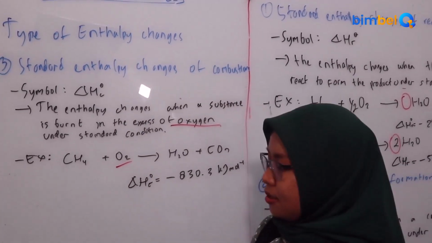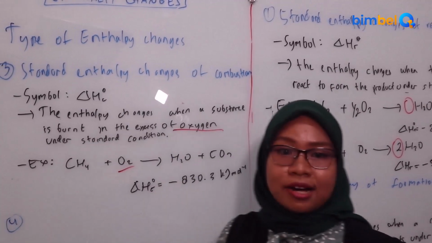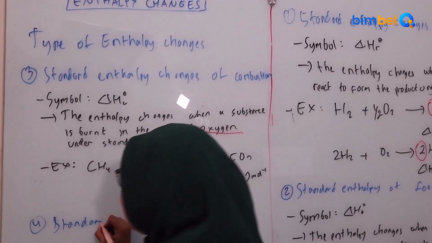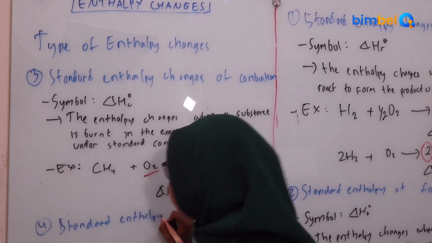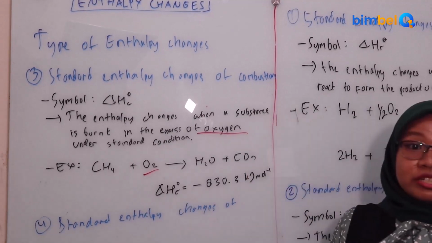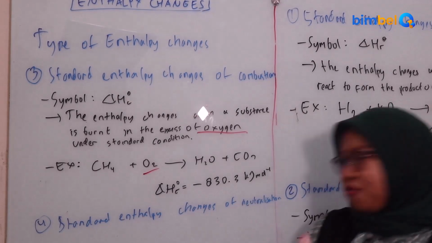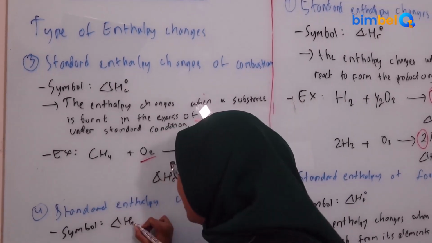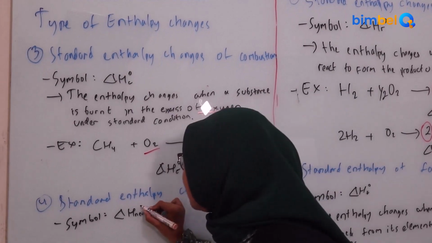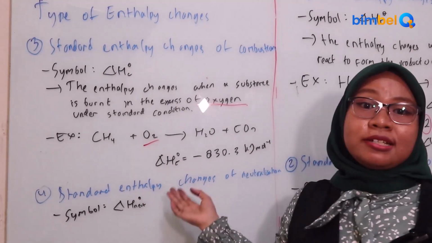And the fourth type is standard enthalpy change of neutralization. The symbol is similar, of course: delta H, and you can add neut for neutralization, and this is for the standard enthalpy. And what is the definition?